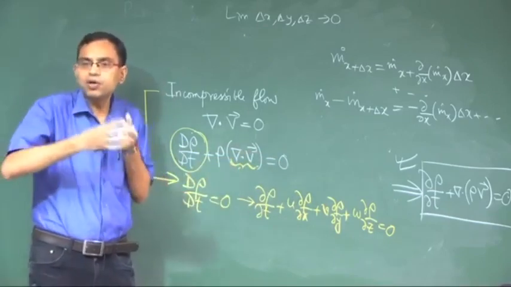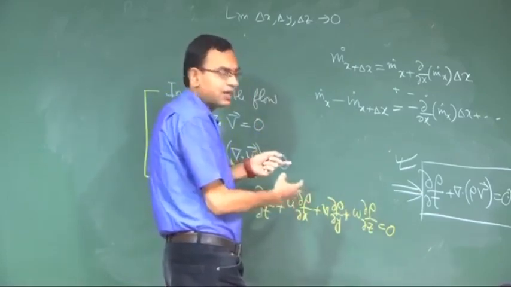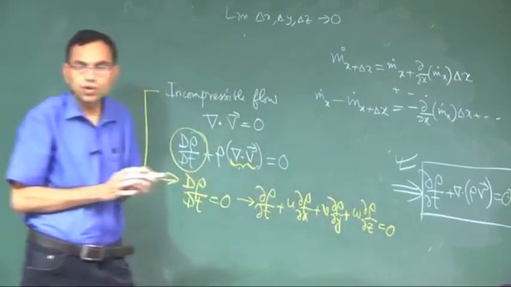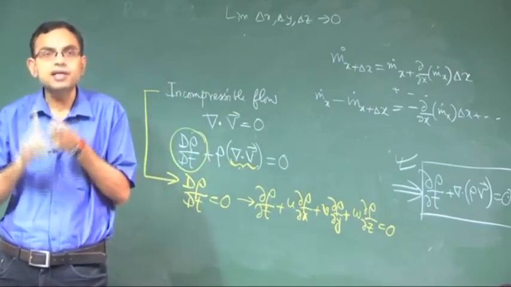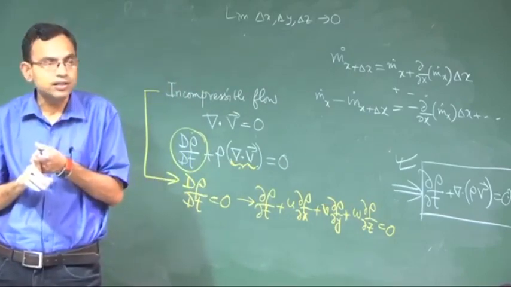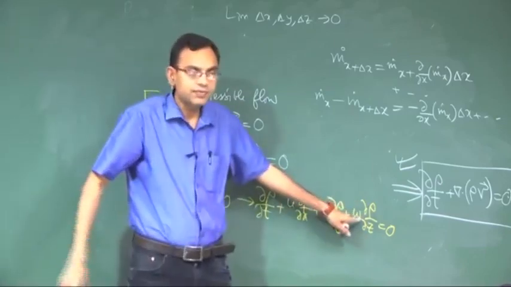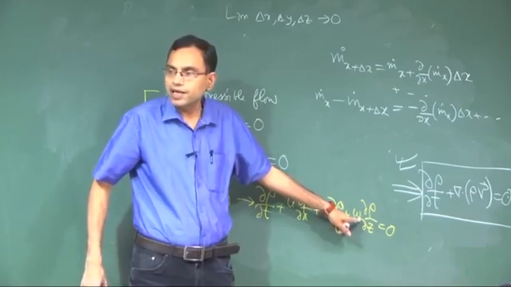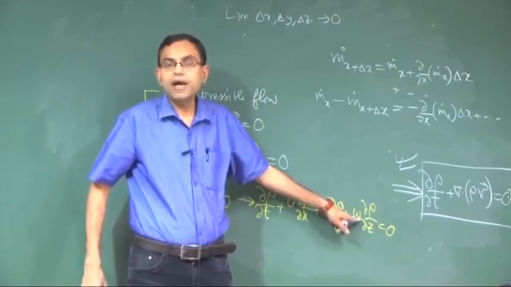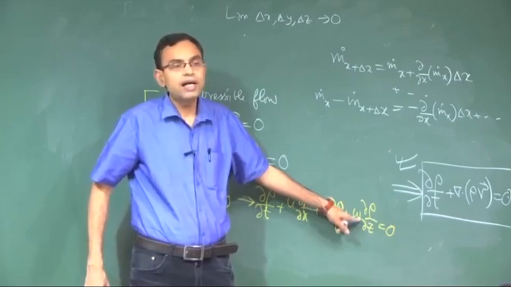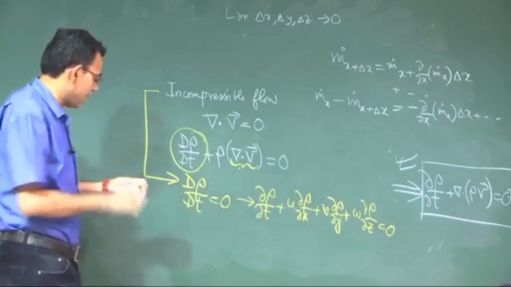You may have a variable rho, but these terms get adjusted with each other in such a way that sum total is 0. So clearly incompressible flow does not necessarily mean that density is a constant. If density is a constant, this equation is trivially satisfied. So density equal to constant is a special type of incompressible flow, but with variable density also you can have incompressible flow. I will give you a simple algebraic example.